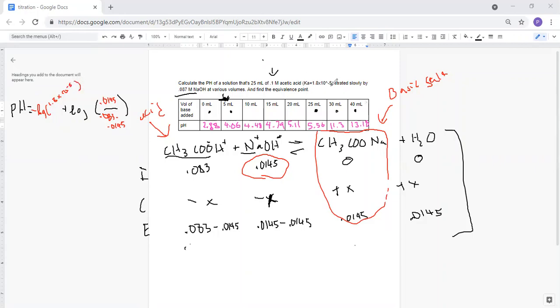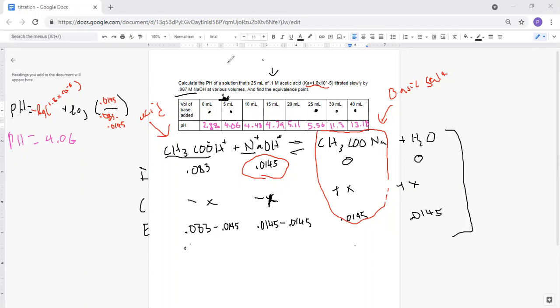And I got that from here, in case you can't read my handwriting. I know it's bad. So for the pH, once we solve, we get pH equals 4.06. And that's what it is at 5 mils.